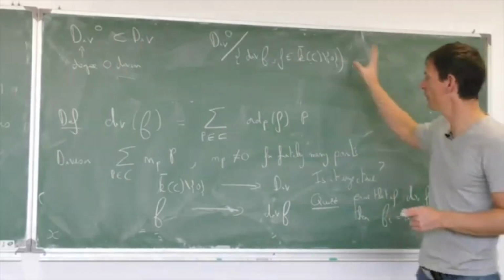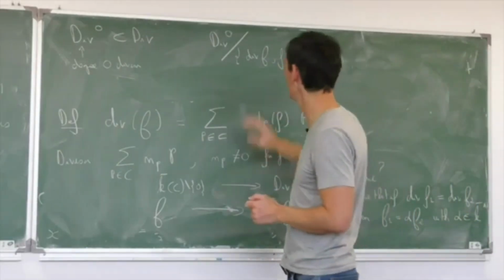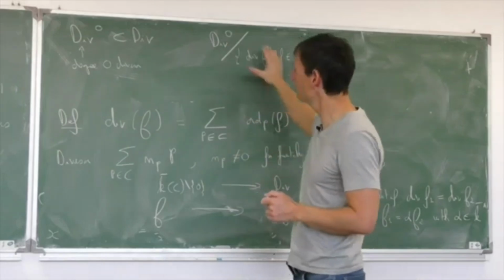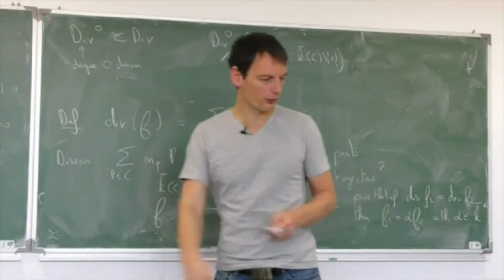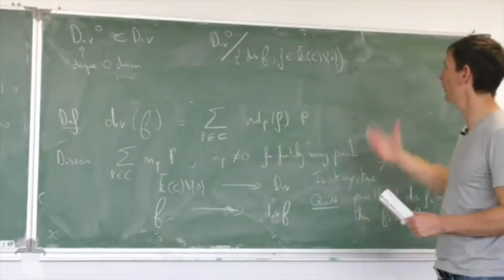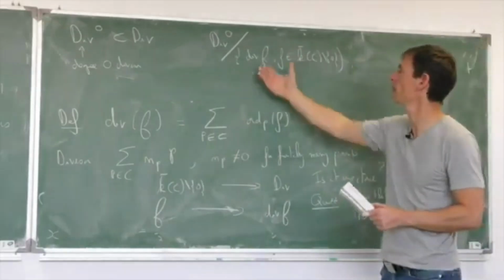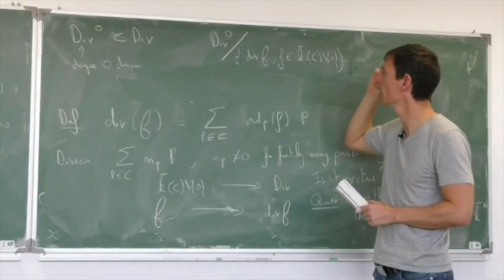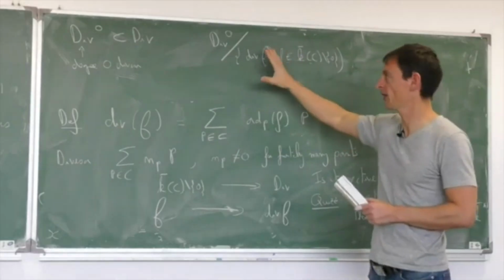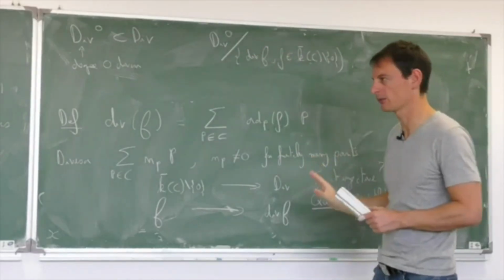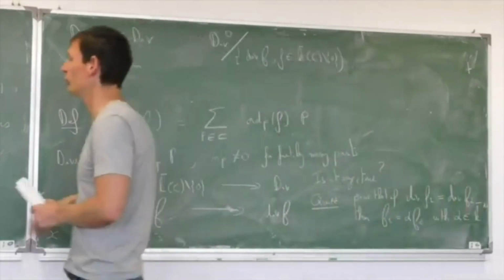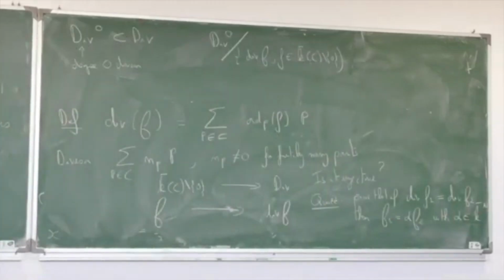But it's a very interesting object that you see its realization here. Somehow, it measures the difference between all the divisors of degree 0 and what are called the principal divisors, the divisors of a function. And just as a spoiler, this is never trivial, at least if the genus of the curve is not 0.